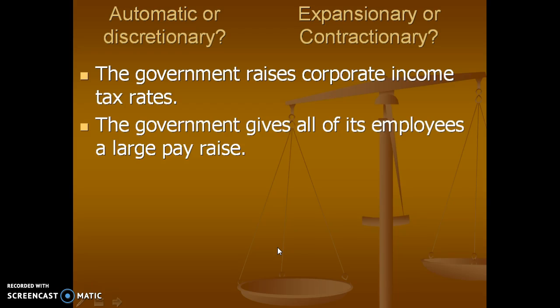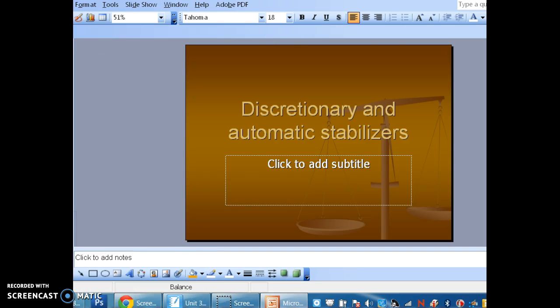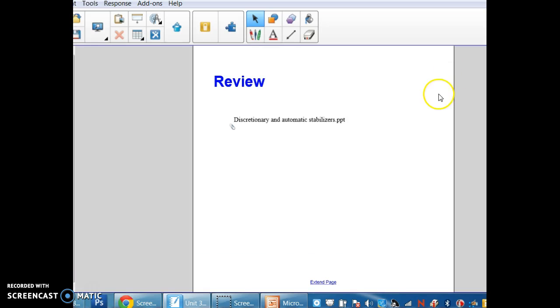The government gives all of its employees a large pay raise. Again, discretionary. This one's expansionary because the government's putting more money out there to stimulate spending. All right, that is the end of the PowerPoint, and that is the end of our slides for today.